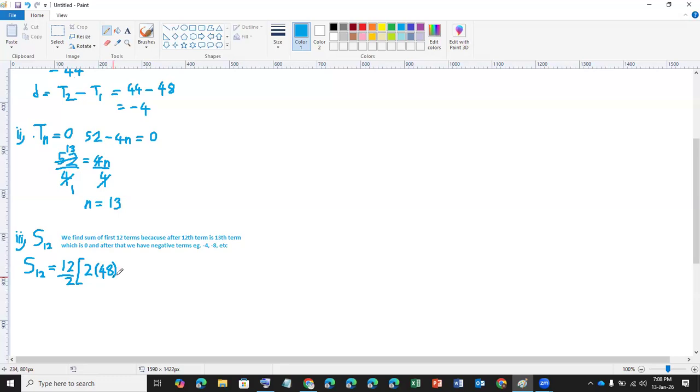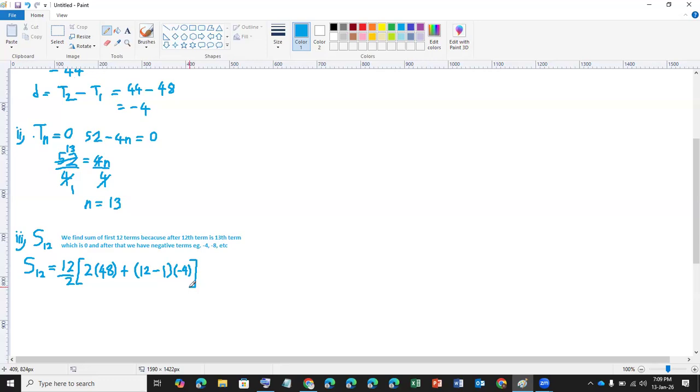Plus 12 bracket 12 minus 1, isn't it? And then what's D? D is minus 4. Because of that minus 4, I'm going to put it in brackets, so that when we deal with it, it doesn't change whatever needs to be changed.